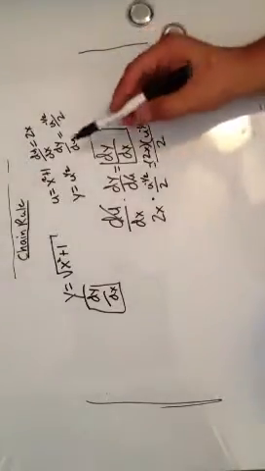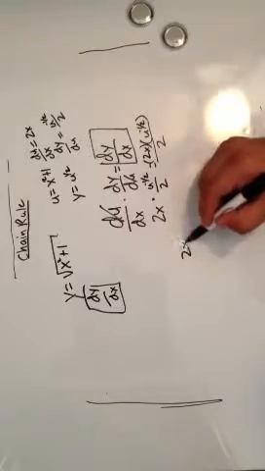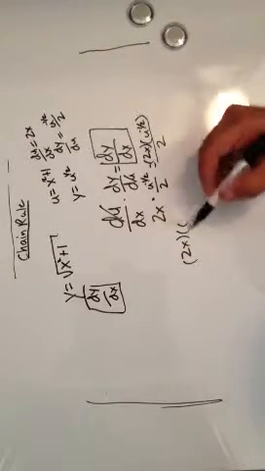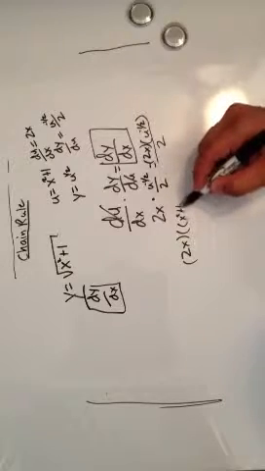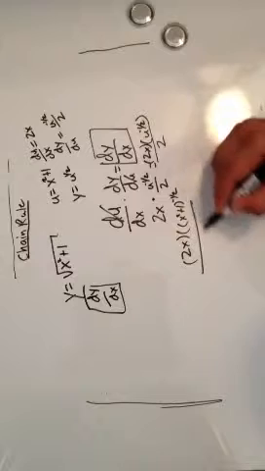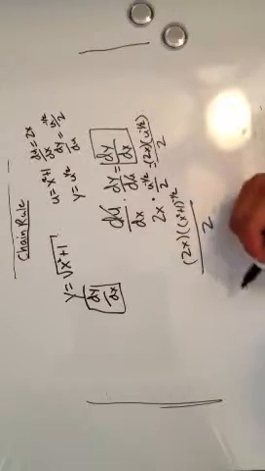But we said u is equal to x squared plus 1, so we're going to say 2x times (x squared plus 1) to the negative 1/2, all this over 2. And that's your final answer.